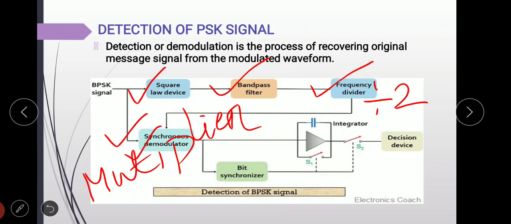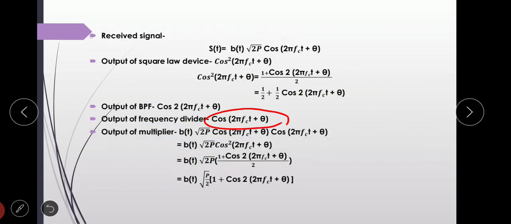The synchronous demodulator is a multiplier, so it simply multiplies these two signals. See here, this one is the received signal by the receiver and this one is the output of the frequency divider. So at the output of the multiplier we get b of t root 2P cos square (2 pi fct plus theta).